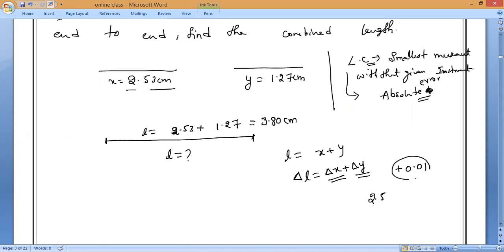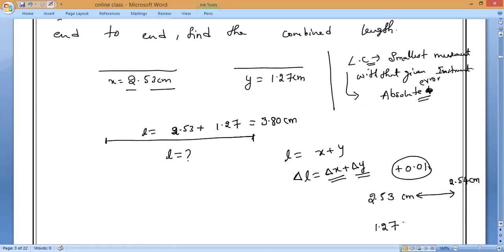The error is 0.01. But the given value is 2.53 centimeters and the error is 0.01, which means what is the actual value? 2.54. Yes or no? Everybody?